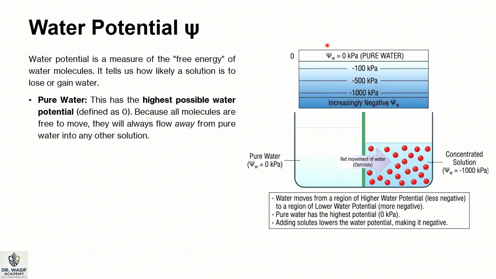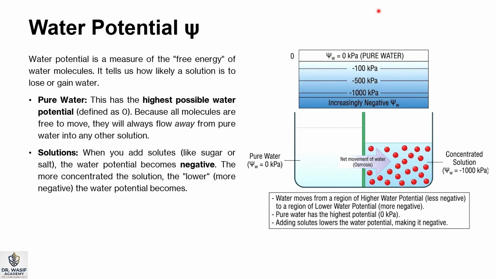The golden rule here is that pure water has the highest possible water potential, which we define as zero. In pure water, every single molecule is free to move because they have nowhere to go but down. They will always flow away from pure water and into any other solution.